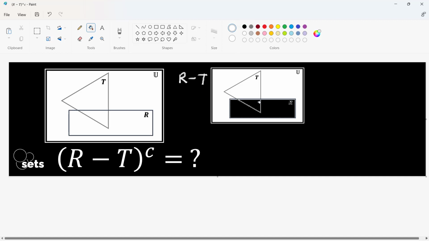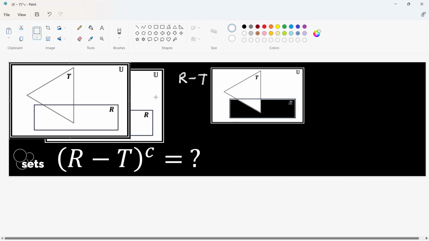And then our result will look like this. Notice what happens to the entire figure of R. Something was removed. This is because these two sets are joint, or there's something in common. That's why we have the answer like this.